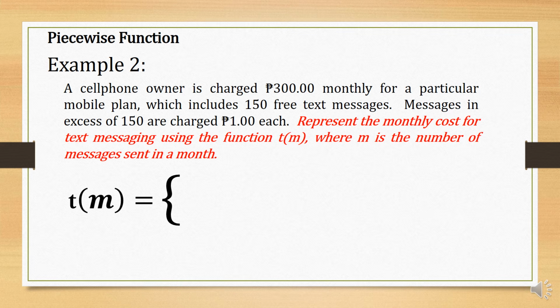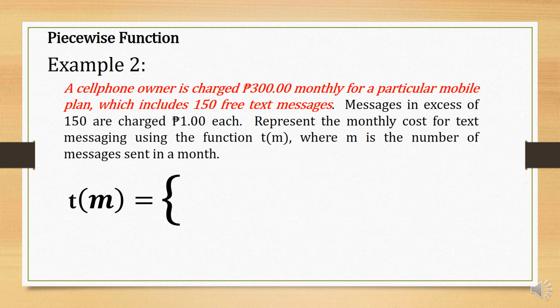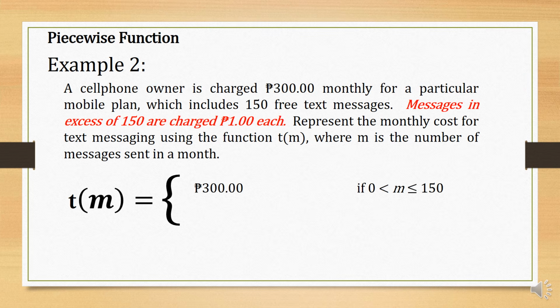In the first statement, a cell phone owner is charged 300 pesos monthly for a particular mobile plan, which includes 150 free text messages. Now, to write this into a mathematical expression, we have 300 pesos if you sent messages between 0 to 150.